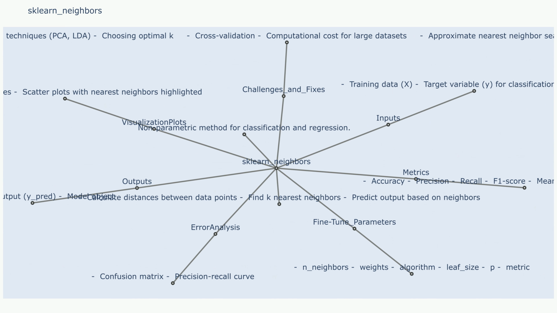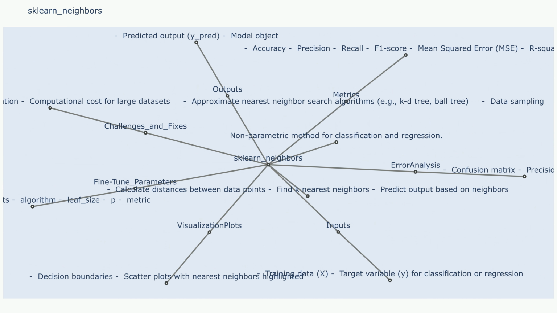Fixes to challenge 1. Feature selection: reduce the number of features by selecting the most relevant ones. Dimensionality reduction: use techniques like principal component analysis (PCA) or t-SNE to project the data into a lower dimensional space.